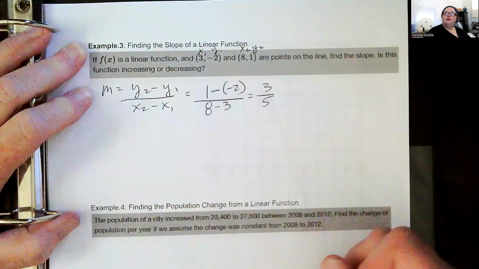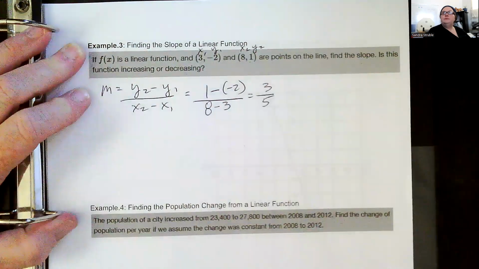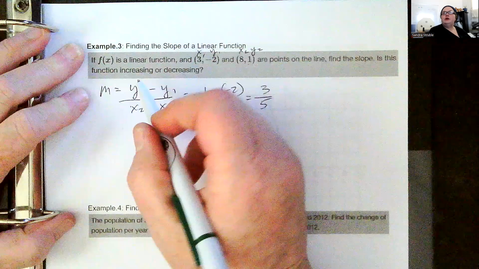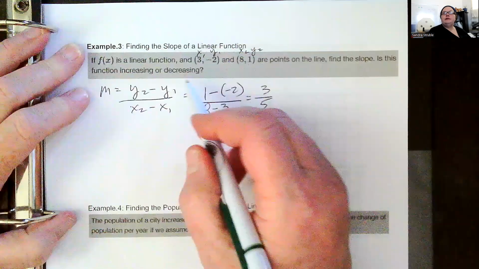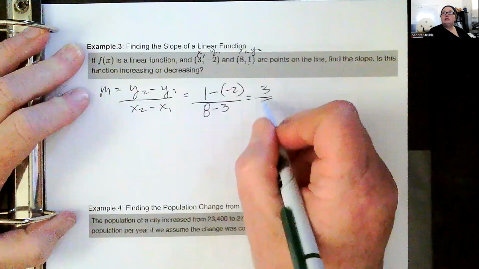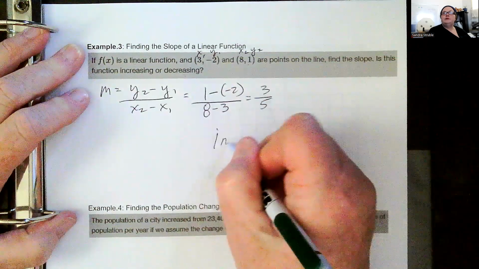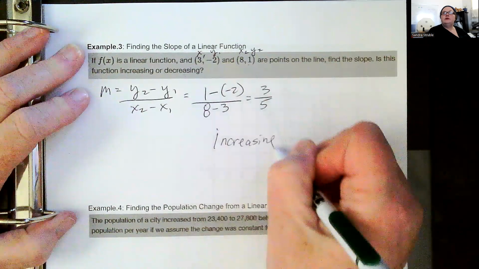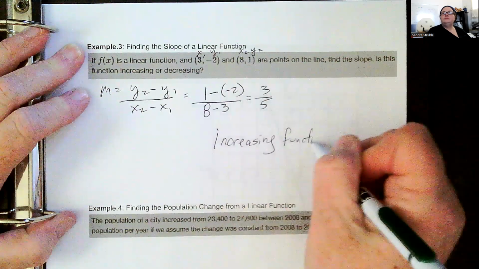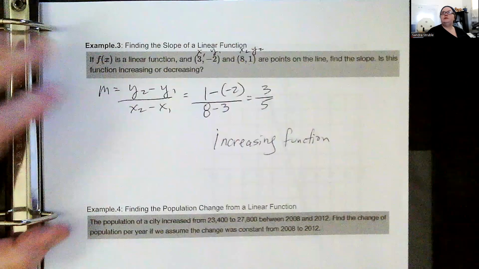So there's our slope. Now we need to find what? Oh, that's all they wanted. Find the slope. Done. Is it increasing or decreasing? Well, it's positive, so it's an increasing function. All right, that's all we needed to find was the slope on that one.